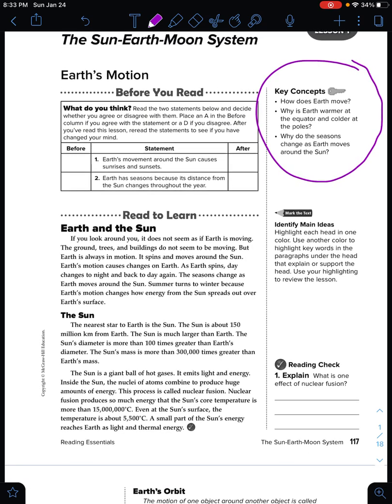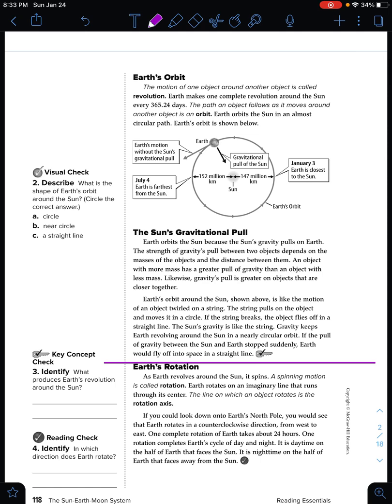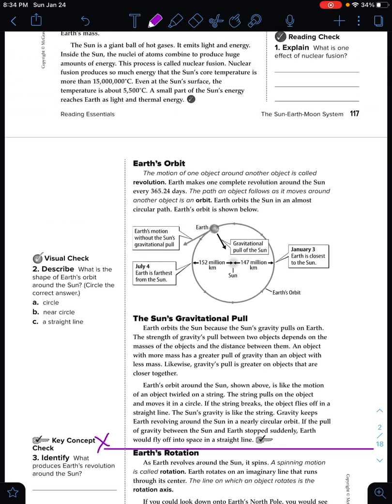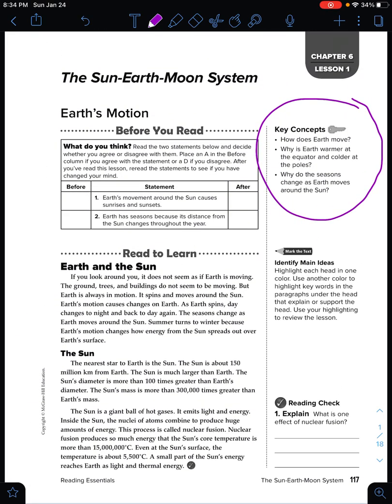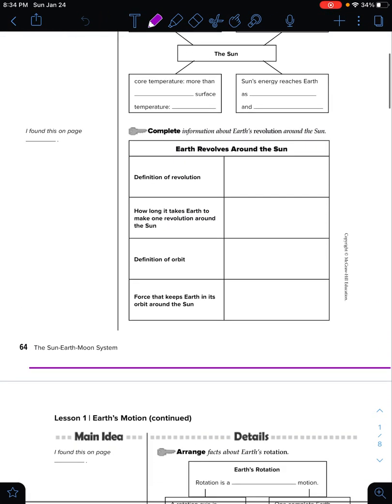So let's go ahead, and today we're going to be reading through this point right here. So go ahead and scroll down and mark right above Earth's rotation. And then let's take a look at our science notebook and see that we're going to put our line right there after that first page.